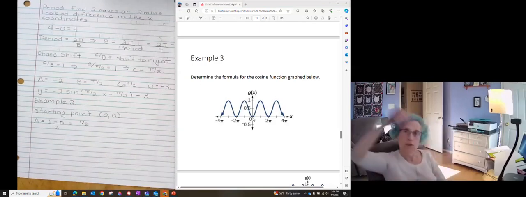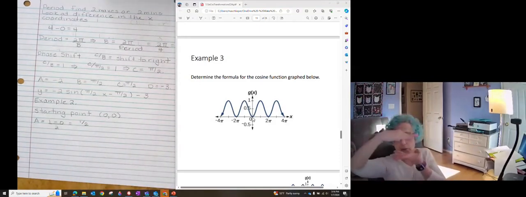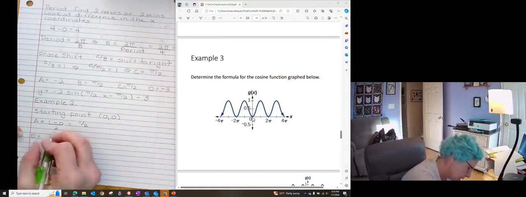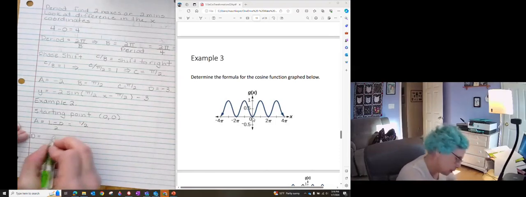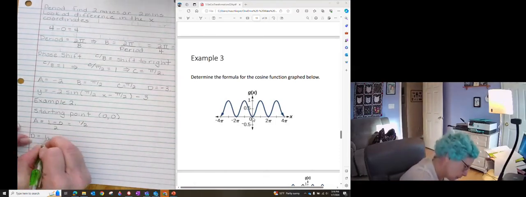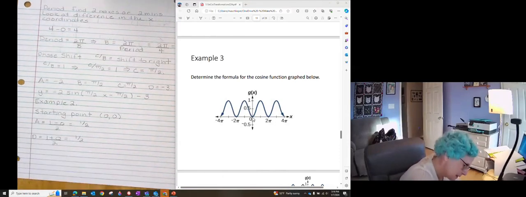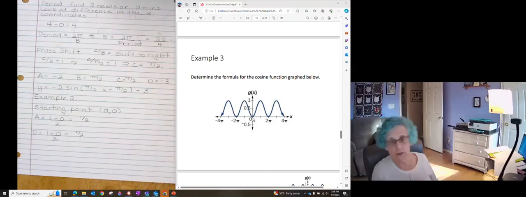So my vertical stretch is actually a compression of 1/2. My midpoint is (1 plus 0) divided by 2, which is 1/2. So my midpoint is 1/2, and my vertical compression is 1/2.